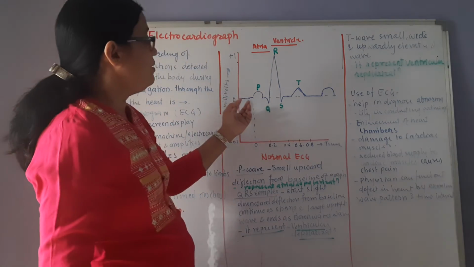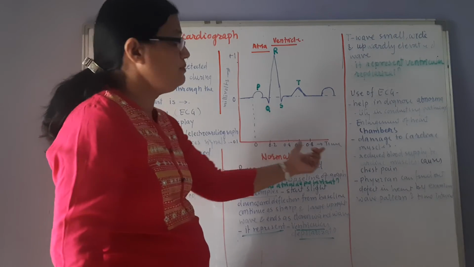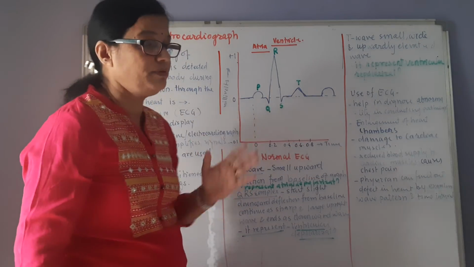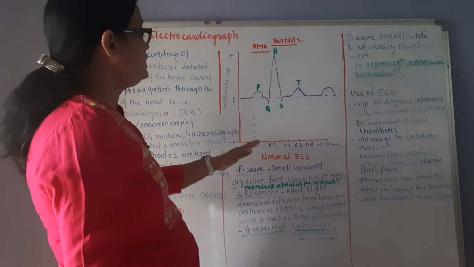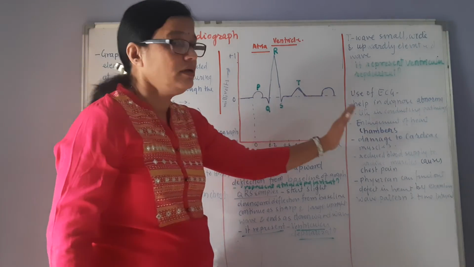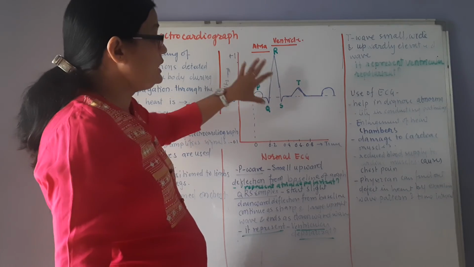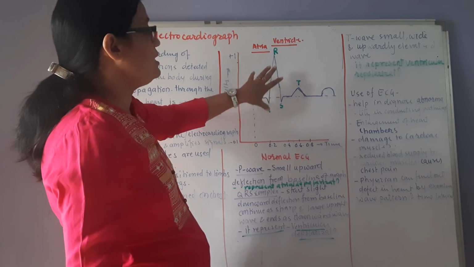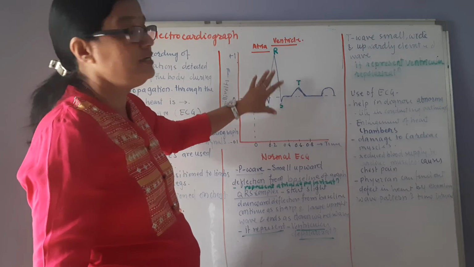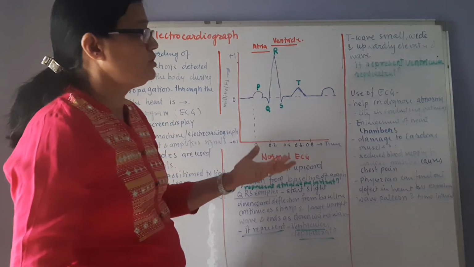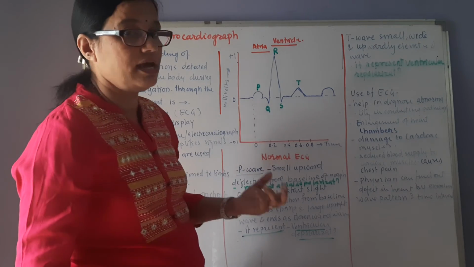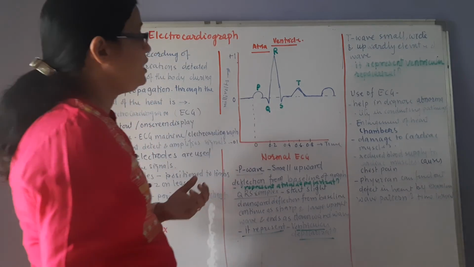So whatever the wave pattern is, and in how much time it is happening, whether one heartbeat is completing in a proper 0.8 seconds or not, and whether the waves are abnormal, it is studied by the physician, and they can diagnose the position of the heart and the heartbeats. Right. So ECG is very important.